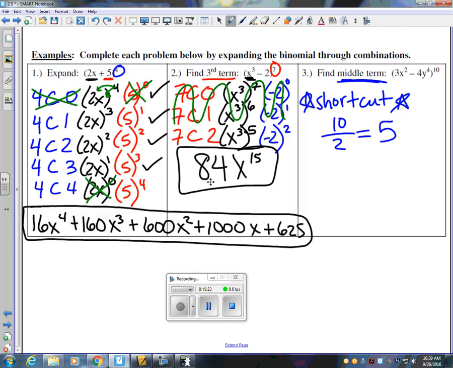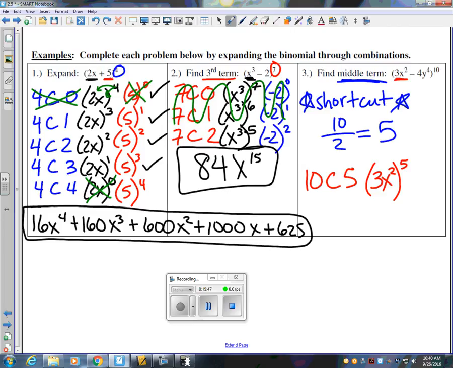Okay, once again, you start with the exponent. So I do 10, but my C is going to be 5, because 5 is the middle term. 10C5. What do you think goes in the first parenthesis? Very good. 3x squared. And its exponent is going to be a 5. That's the shortcut.